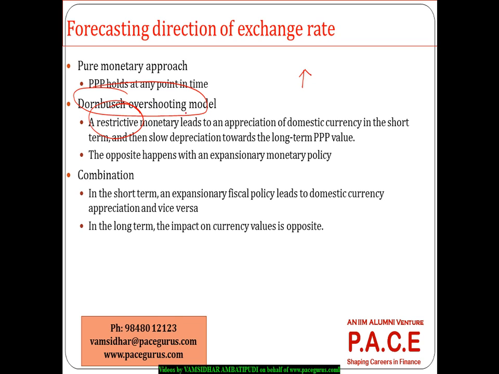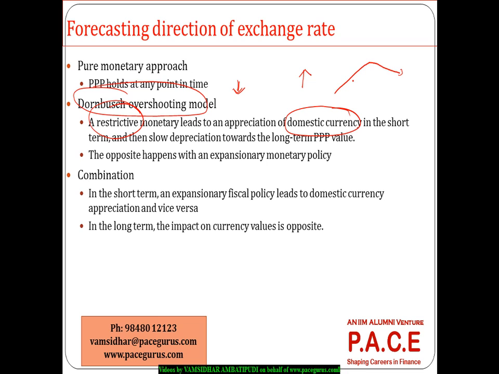When we talk about monetary policy being more restrictive, money supply is being reduced, right? The money supply is being reduced. So this mechanism says it can lead to an appreciation of the domestic currency in the short term. Once the domestic currency appreciates in the short term, it slowly depreciates towards the long-term PPP value.